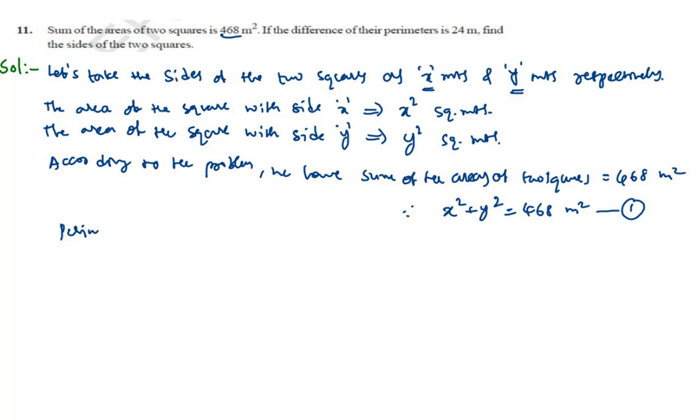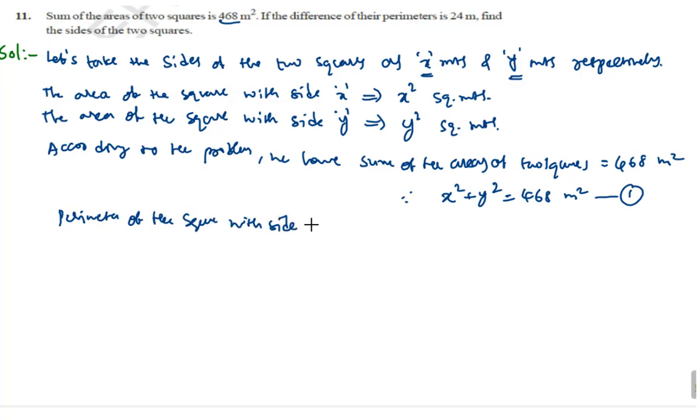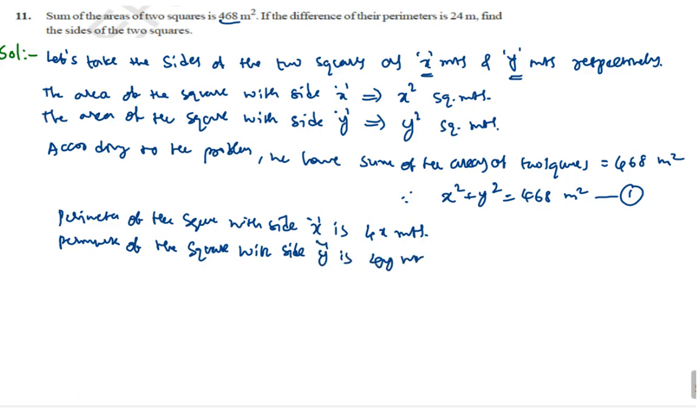Now we have one more information, that is the difference of their perimeters. So let us find the perimeter of the square with the side x. The perimeter formula is 4 into side, so we get 4x meters. And similarly, the perimeter of the square with the side y meters is 4y meters.